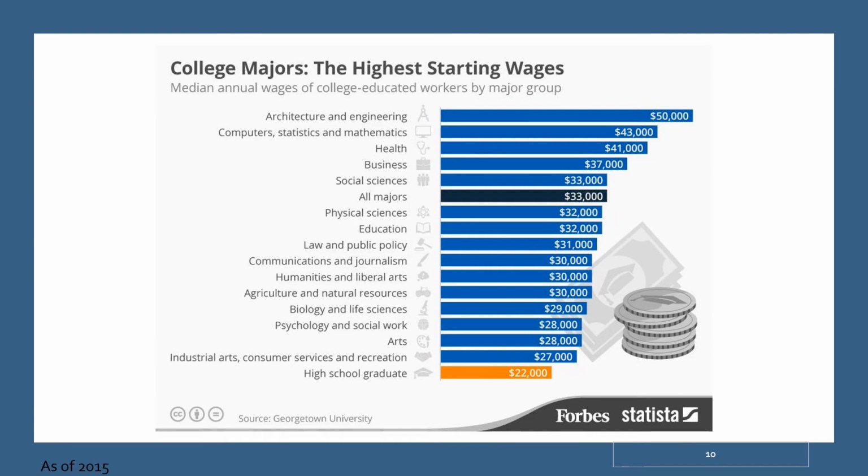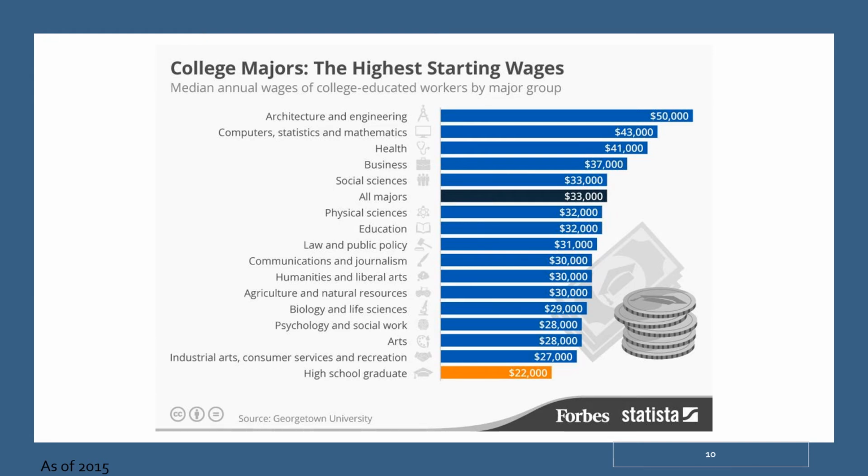This next graphic should be very interesting to all of you. Again, it's a visual representation of a lot of information. It's college majors, the highest starting wages, as of 2015. Median annual wages for architecture and engineering majors, and this is undergraduate, $50,000.